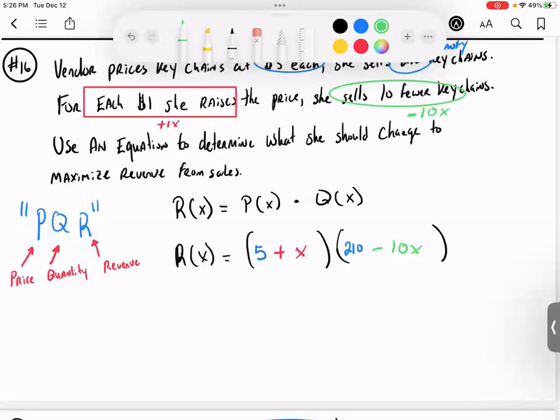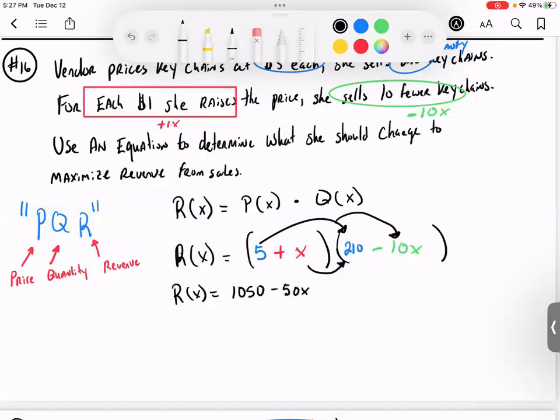All right, so now that we have the price and the quantity function, you multiply them by expanding together to formulate the revenue function. So I need to use the FOIL method. So you do 5 times 210 and 5 times negative 10x. So 5 times 210 is 1050. Then 5 times negative 10x is negative 50x.